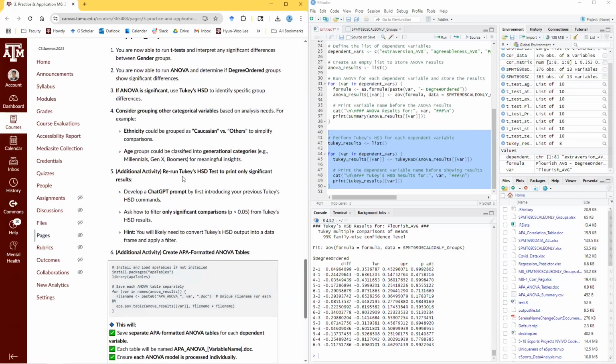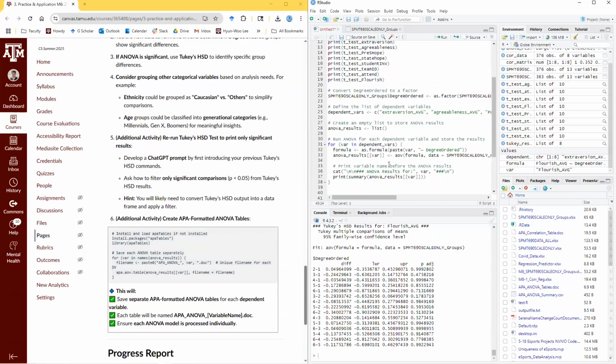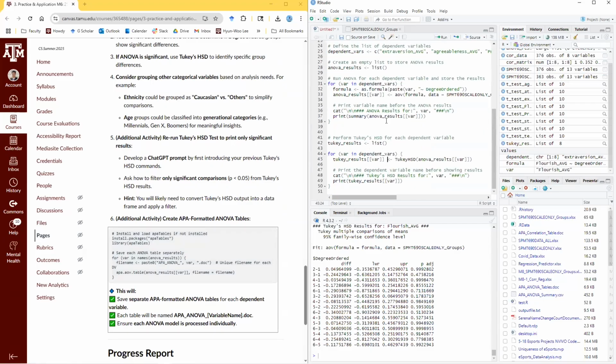And you can run Tukey tests to show only the significant results. You can ask ChatGPT to create a prompt. You have to first let ChatGPT know the commands that you use to run your ANOVA and Tukey test.